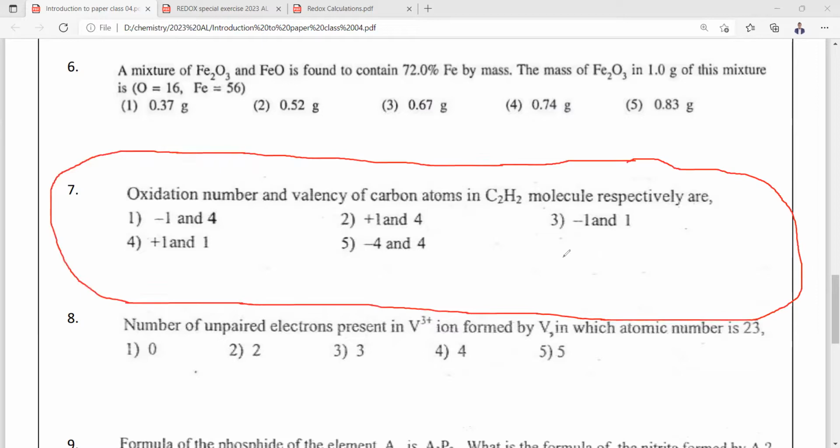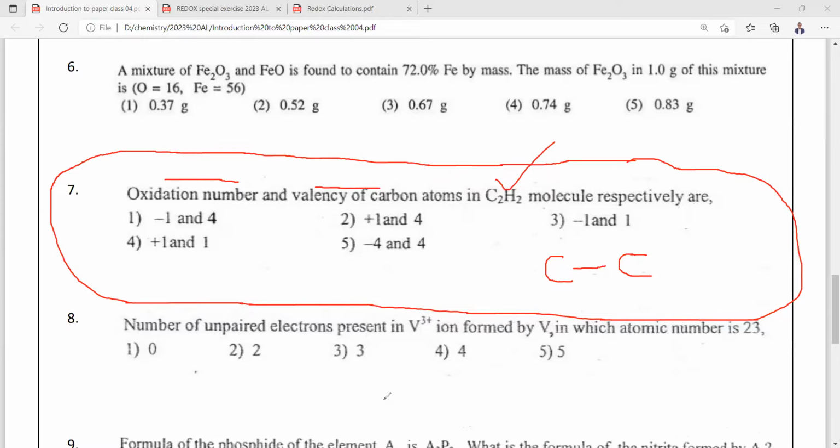C2H2. Just connect 2 carbons like this. And hydrogens you have to connect yourself. Can you get the answer for this? Question number 7. It's a challenge. Oxidation number and valency of carbon atoms in the C2H2 molecule. It's a symmetrical molecule.